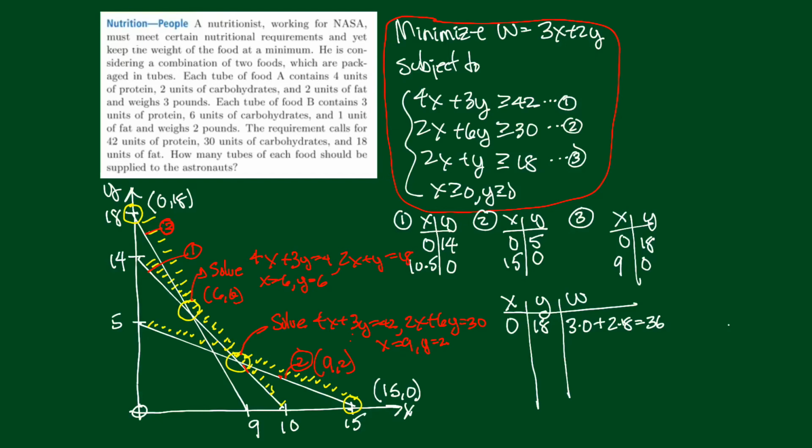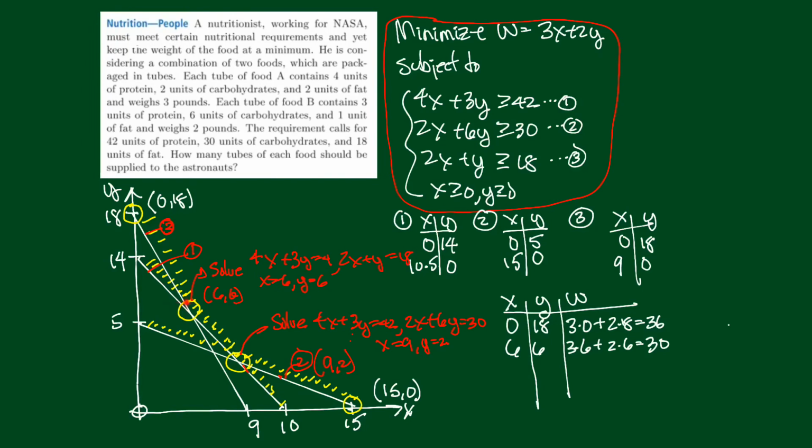And then let's move down to this point here, 6 and 6. Put in 6 and 6. We'll get 3 times 6 plus 2 times 6. So that's 18 and 12. That's 30.